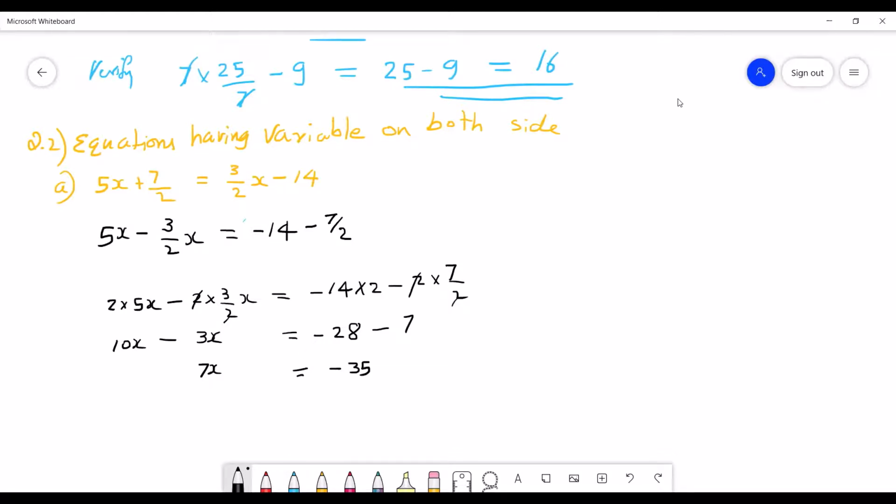Now, in order to make this x only, multiply with 1 by 7, that is the inverse of 7. 7x into 1 by 7 is equal to minus 35 into 1 by 7. Otherwise, when this 7 comes to the right hand side, then you have to divide 35 with 7. That way also it will do.